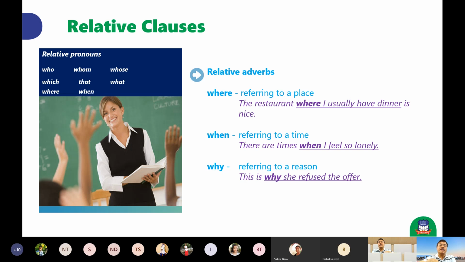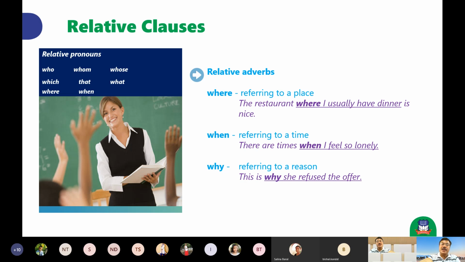Relative adverb. While talking about a place, just after the place we use where. While talking about a person, just after the person we use who. While talking about things, just after the thing we use which or that. Keep these things in mind. Likewise, when refers to a time.